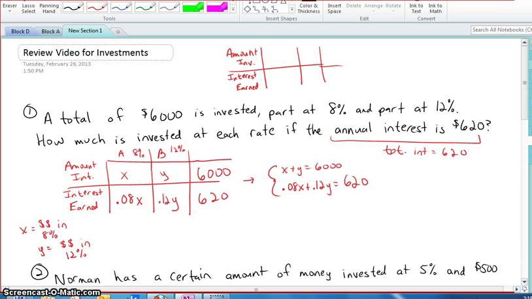Now to solve, I'm going to choose substitution. So I'm going to get Y by itself and make that 6,000 minus X. So then I multiply 0.08X plus 0.12 times 6,000 minus X, and that equals 620. Do the distribution.